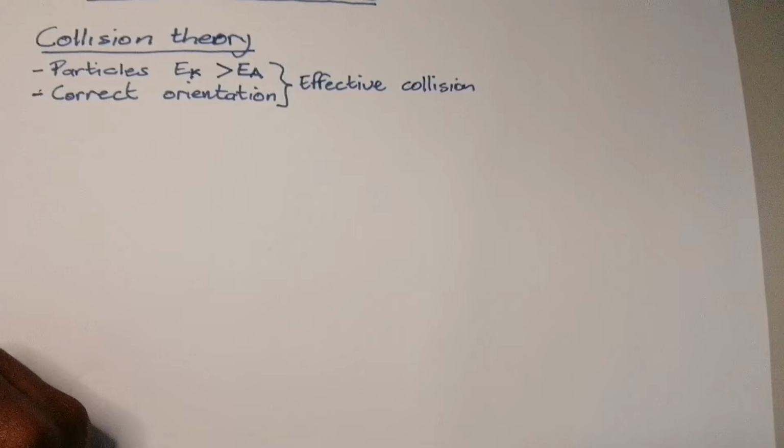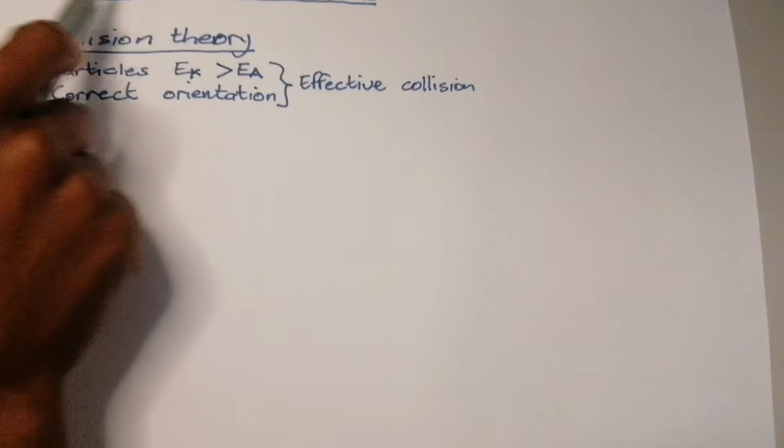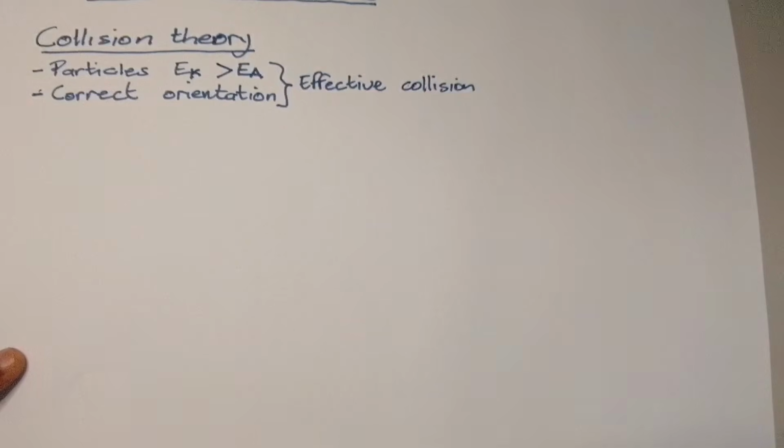Now, there's a way in which we can speed up the formation or the production of products. This is where the whole thing about the rate of reaction comes in. Because how do we measure the rate of a reaction? In fact, what do we mean when we say rate of reactions?